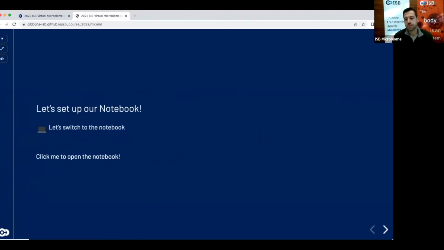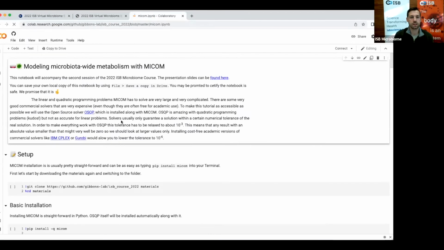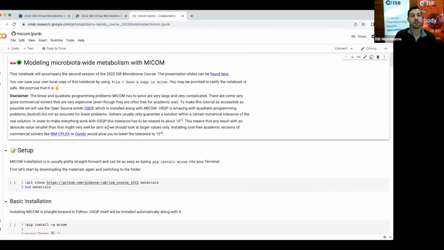Cool. So before we jump into the slides and talking about some of the methods we'll be doing, let's follow this link here to the notebook and orient ourselves with the notebook a little bit. If we follow that link, we'll see this links us to our Google Colab notebook.